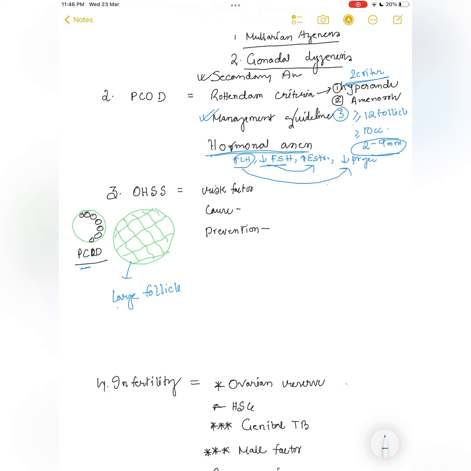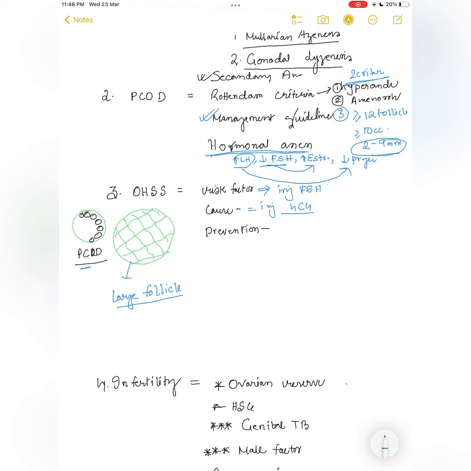So you can easily diagnose these. Next are the risk factors: injection FSH, and the cause is injection HCG.